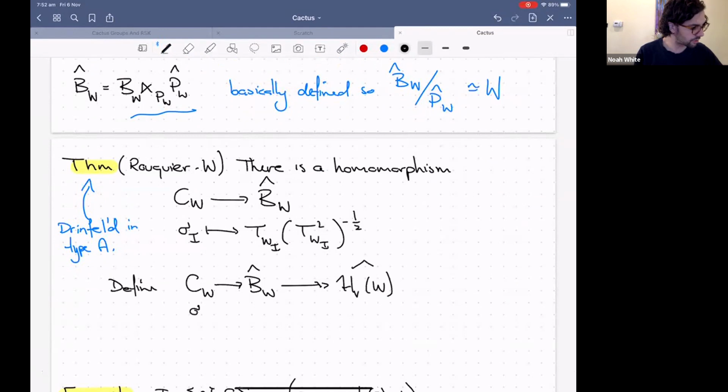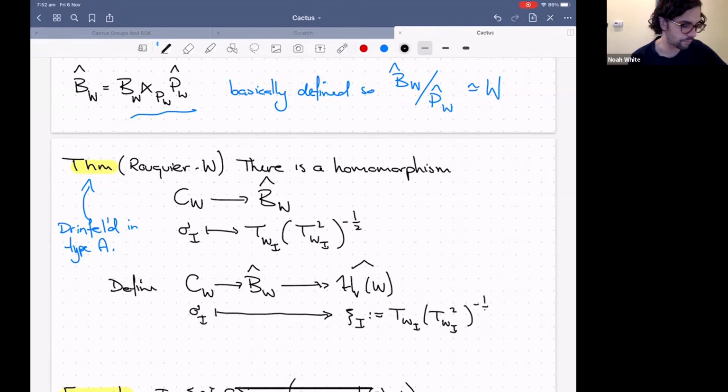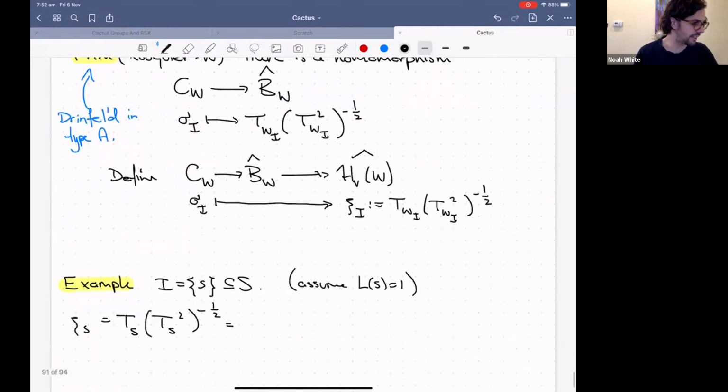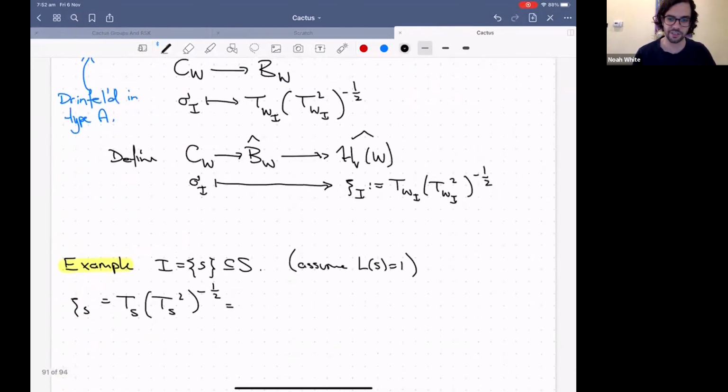And then we can push this generator right through to something I'm going to call xi_i, which is exactly this element in this completion of the Hecke algebra.